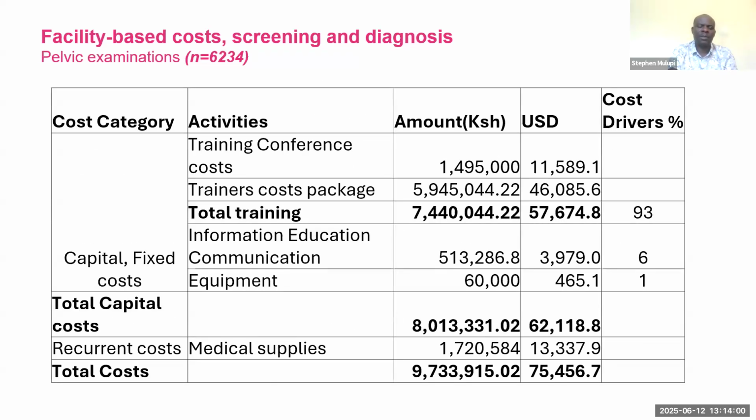So facility-based costs, again, capital cost was accounting for a bigger percentage of the costs. And when you look at the cost drivers, you see training amongst capital cost, training consuming 93%, information materials about 6%, and equipment coming to about 1%. Overall, at the facility level, we're having about $75,000 spent.